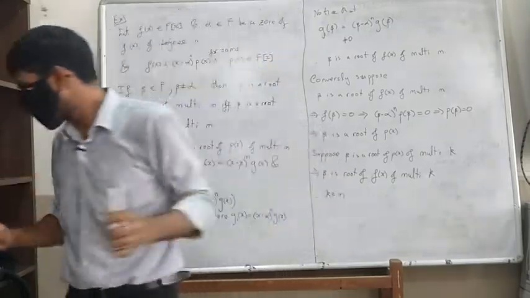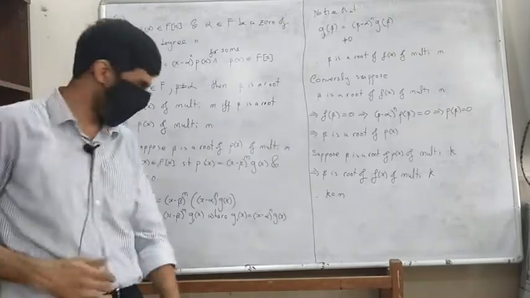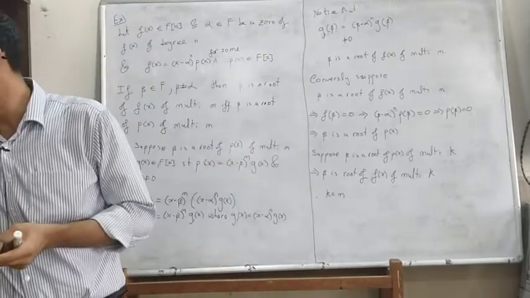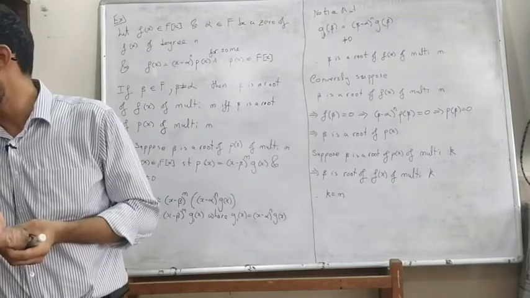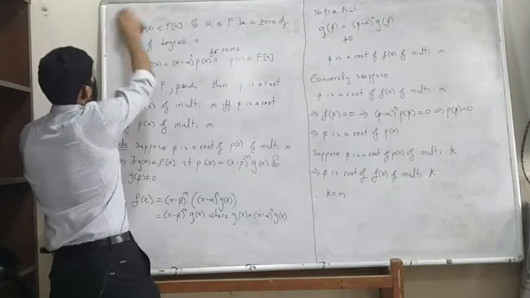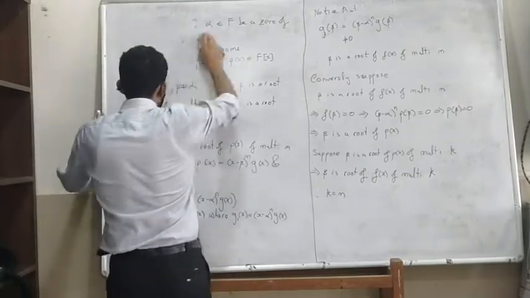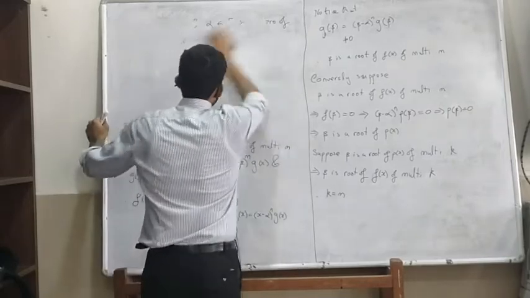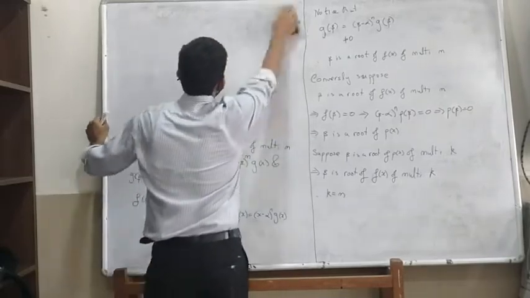Okay, and this is sufficient to then prove the interesting result. So I hope you understand why we have done this. The reason for this is so that now I can use induction.